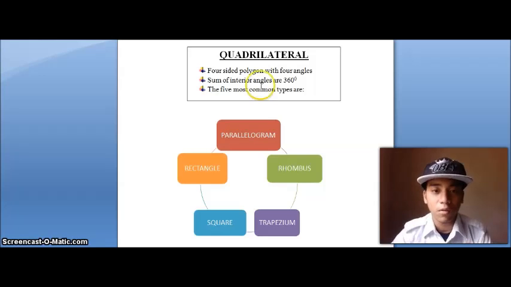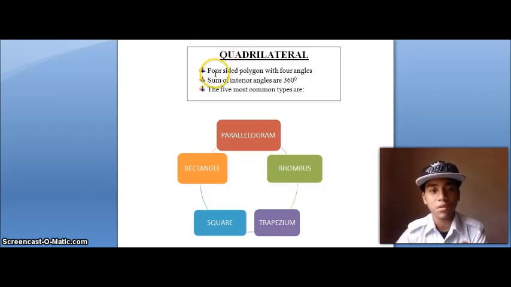Okay, do you know exactly what a quadrilateral is? A quadrilateral is a four-sided polygon with four angles. It comes from the word quad, which means four.